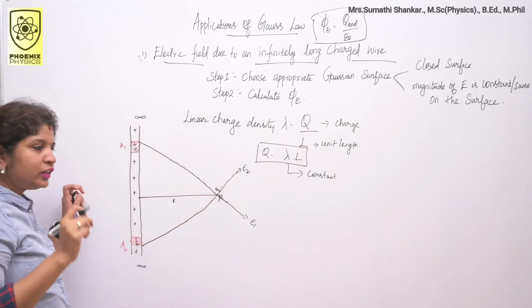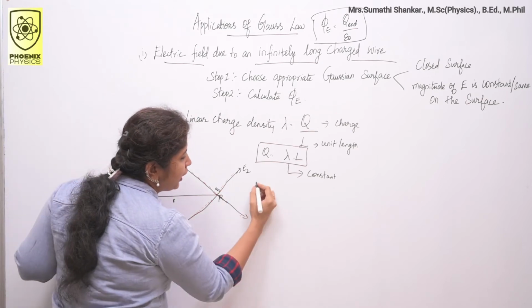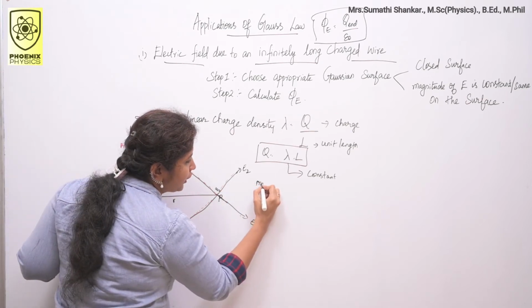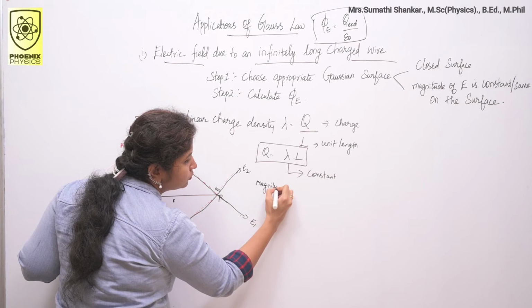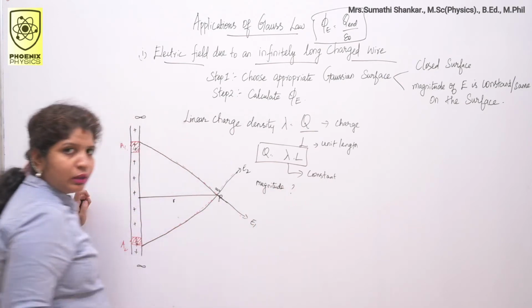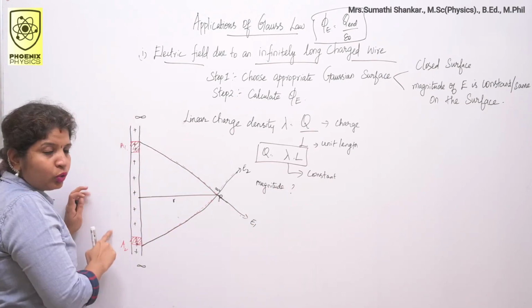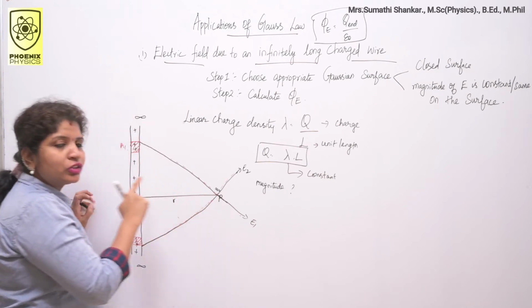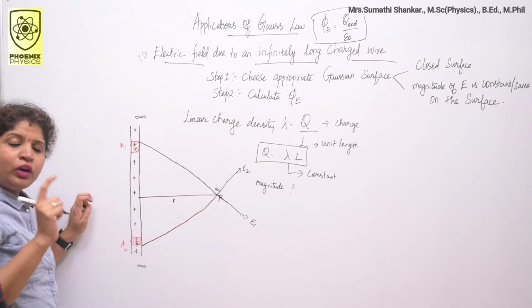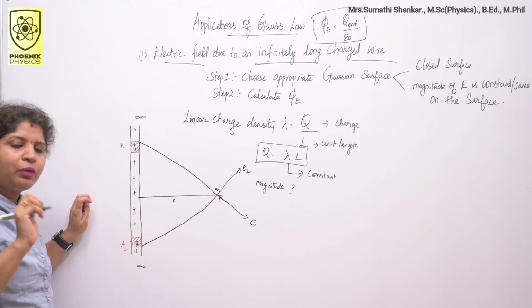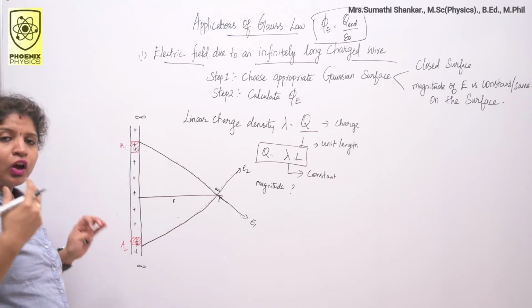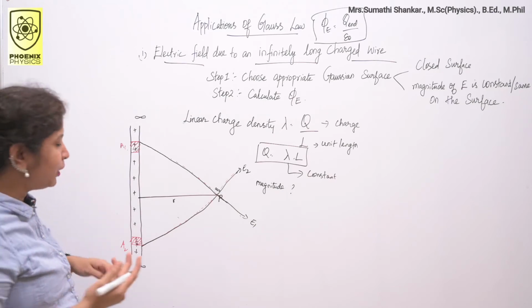See, these E1 and E2 have same magnitude. Why? Because A1, A2 are at equal distance from P. E1 and E2 have same magnitude. Then how do you find out the resultant magnitude?